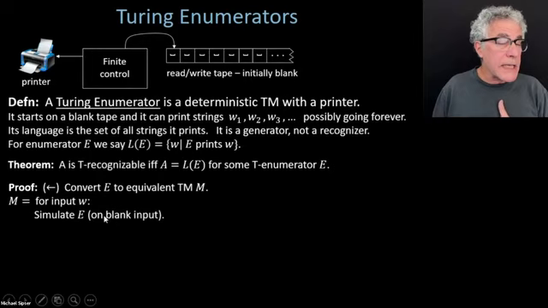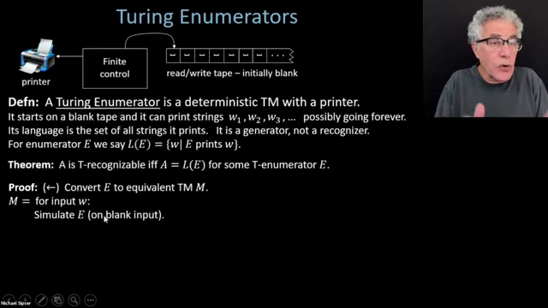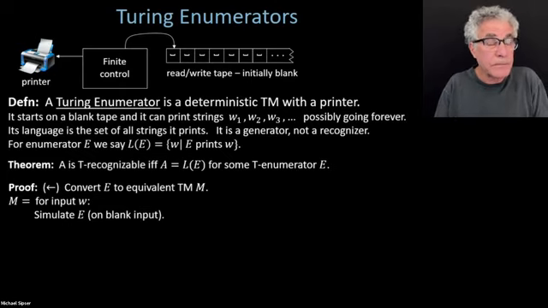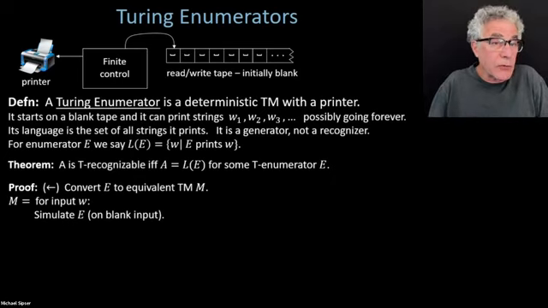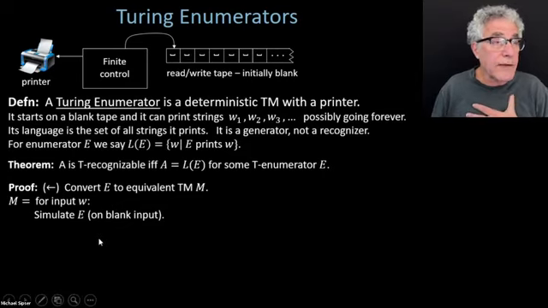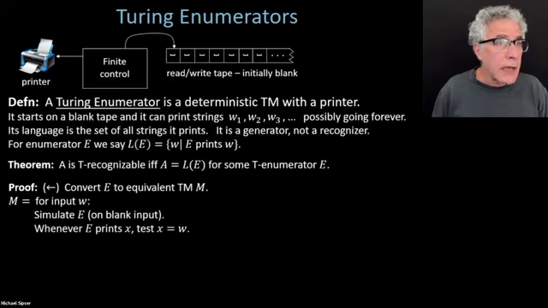It's going to launch the enumerator and start simulating it. If it's convenient, we could use several tapes. We can use one tape to simulate the enumerator, and you have other tapes available for convenience if you want, because we already showed multi-tape and single tape are equivalent. If you want to think of M as having multiple tapes, it's not going to be that relevant to my conversation. But you're going to simulate E starting on the blank input as you're supposed to.